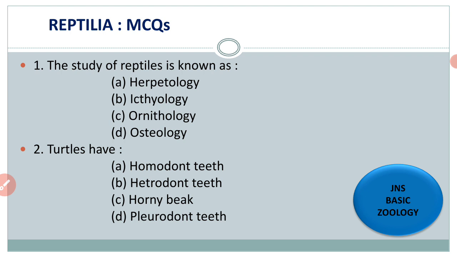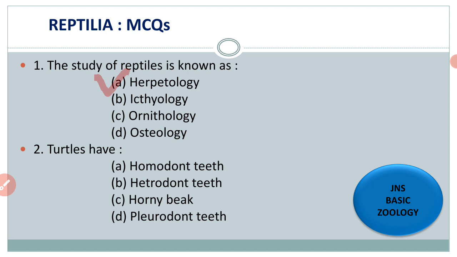The study of reptiles is known as A. Herpetology, B. Ichthyology, C. Ornithology, and D. Osteology. Which is the branch of biology which deals with the study of reptiles? The correct option is herpetology.